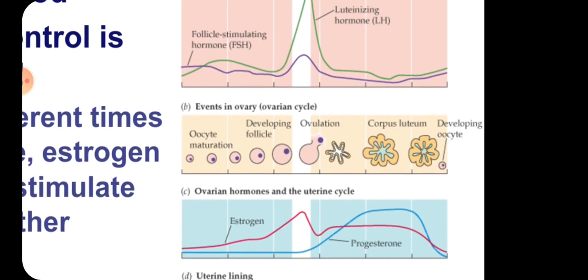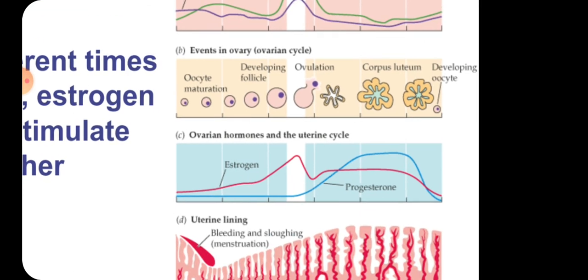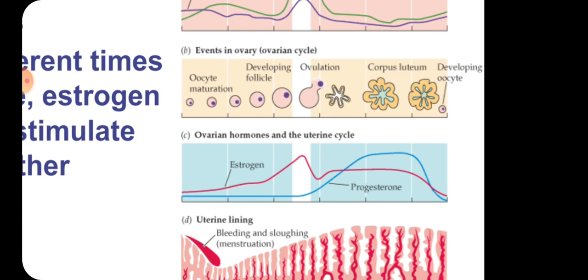In this case the corpus luteum is developed, and then the oocyte is given out, and here again you can connect it with the levels of the hormones. The red line is the estrogen, and the progesterone levels increase, shown by the blue line, when the corpus luteum develops.